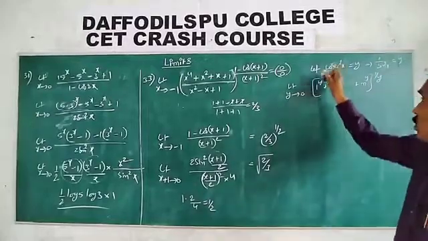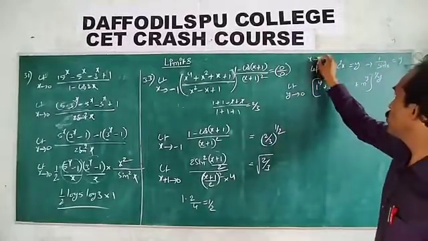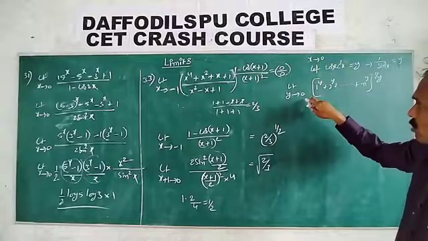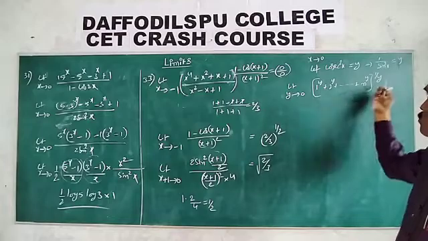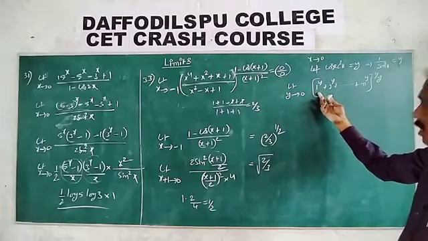Understand? Actually, the given problem is x tends to 0, so cosecant square x tends to infinity, which implies y tends to infinity. Suppose you substitute this value, what is it? Divided by anything?